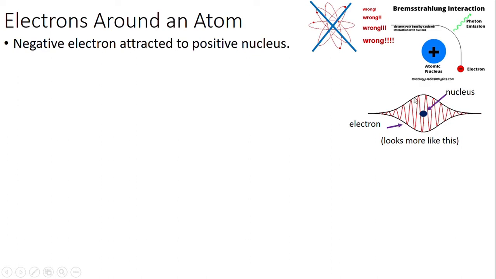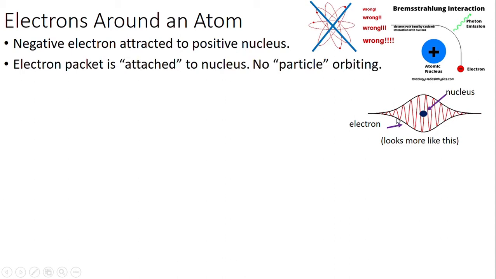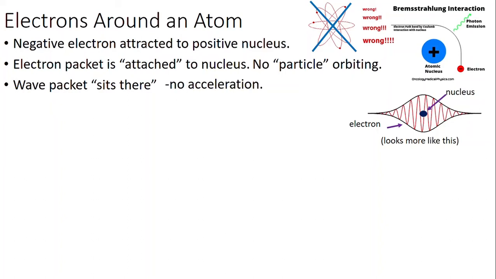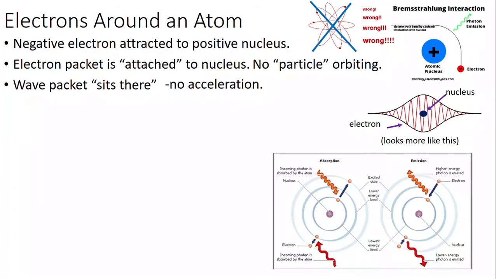The wave envelope is not moving relative to the nucleus, so it's not accelerating, but inside, the wave packet is oscillating, and it still has kinetic energy because it has a frequency and so on. So the electron packet is not orbiting, it's stuck there, not accelerating, just a standing wave surrounding the nucleus. And most of the time it can't enter the nucleus, but under certain conditions it can.